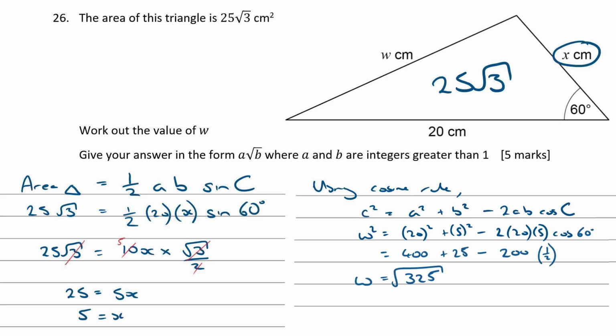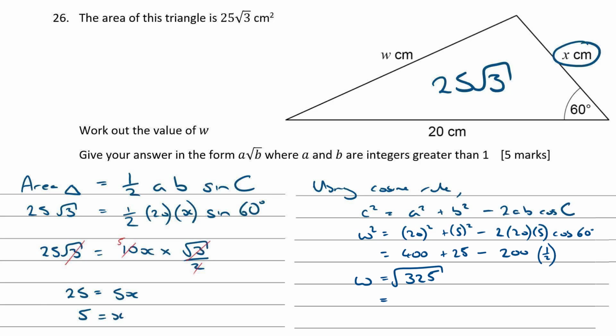Is that what they wanted? Give your answer in the form a root b, where a and b are integers. Okay, so basically now we've got 325, and what we need to do is simplify that surd down. So we're going to be looking for factors of 325 that are also square numbers. I think 25 is screaming at me at the moment.